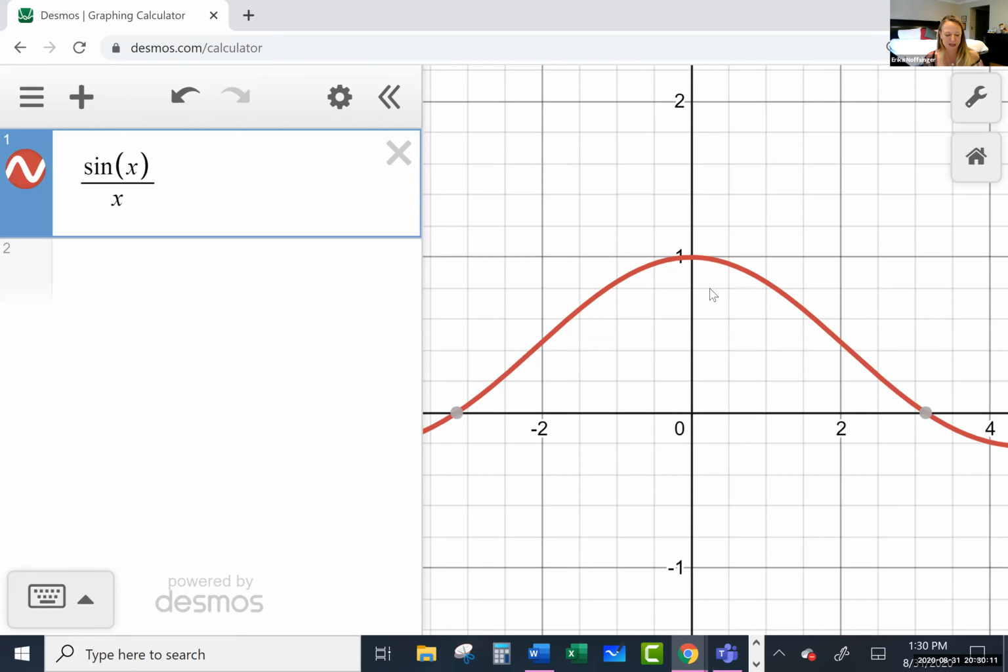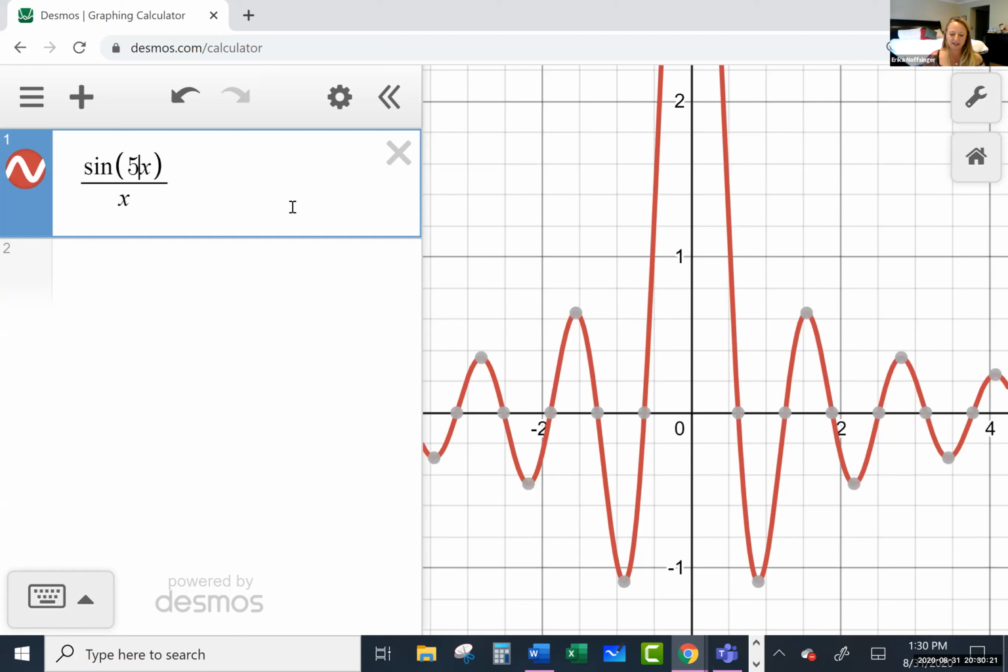Okay, so we're actually going to even manipulate this a little more. So let's say this was sine of some coefficient times x. So let's say 5. Notice if we also put this over 5, we get 1.